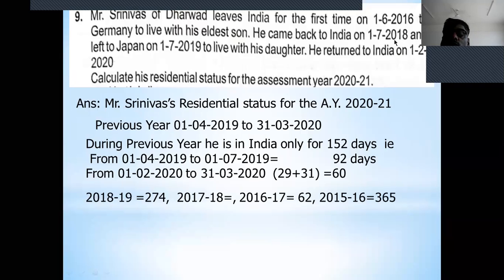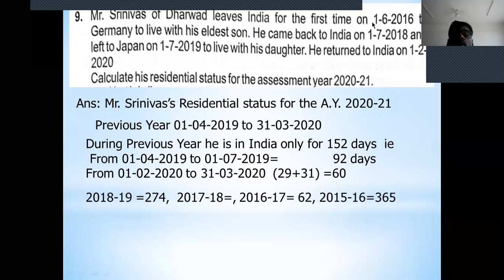From 1/7/2018 to 31st March 2019, if you count the days, that is 274 days. And before this, 17-18 is equal to 0. In the year 17-18, he is not in India. 0 days.